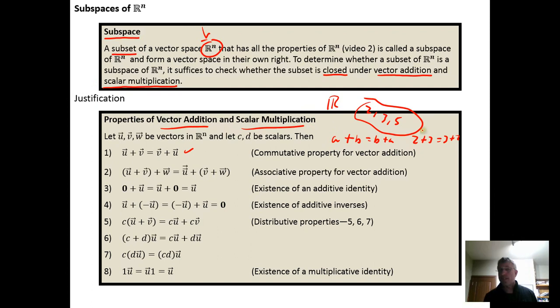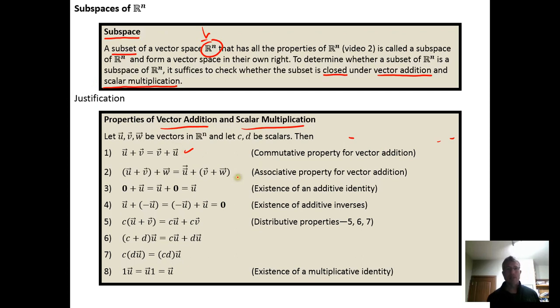And we know this has to be true because if you could demonstrate that two elements in the subset didn't commute, you would have proven that the superset, the original set, didn't commute because you would have a counterexample. So the idea is that most of these properties get inherited by the subset from the superset.